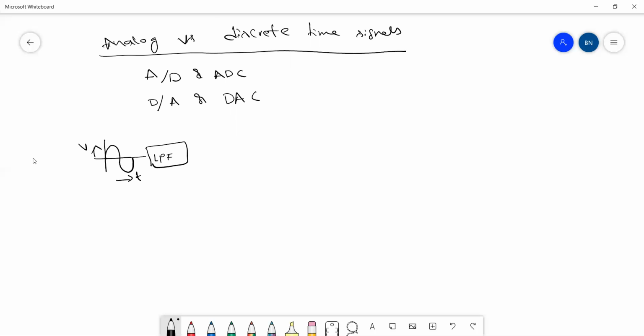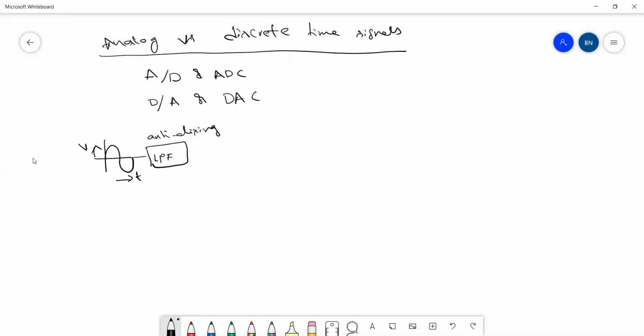Whatever analog signal is taken has to be given to a low pass filter, so that it is filtered in order to overcome the aliasing effect. This low pass filter is an anti-aliasing filter.